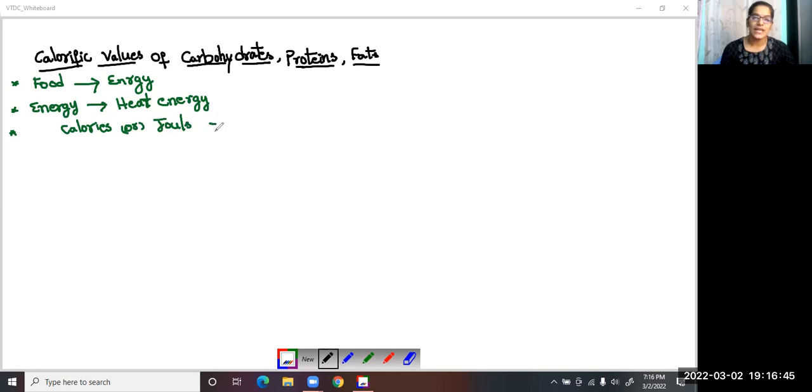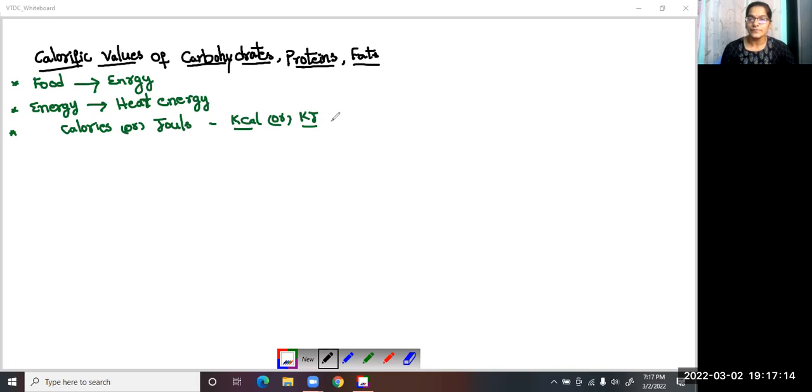Since these are very small values, a physiologist can measure these values per kg. So we can also write the units as kilocalories or kilojoules.